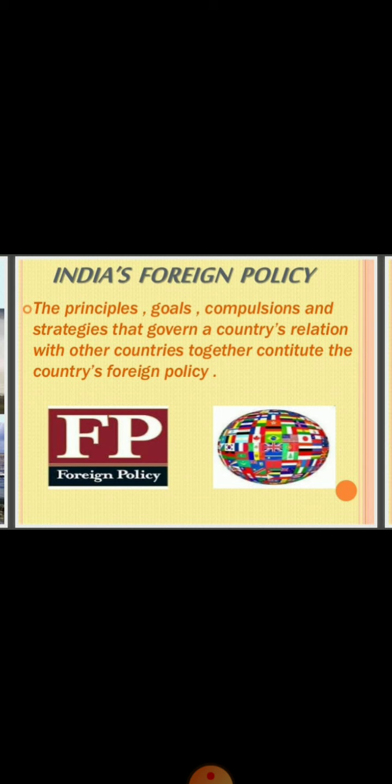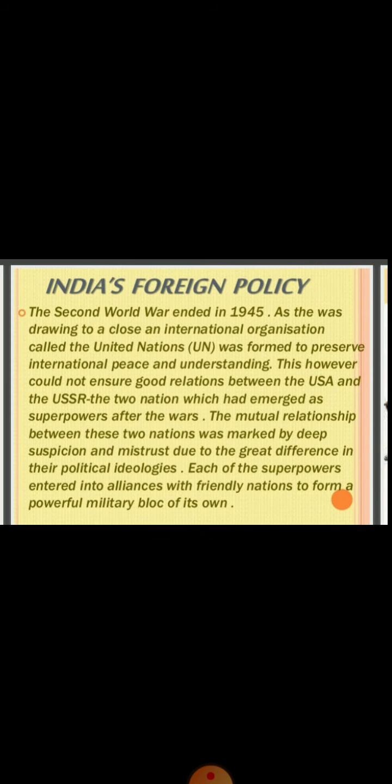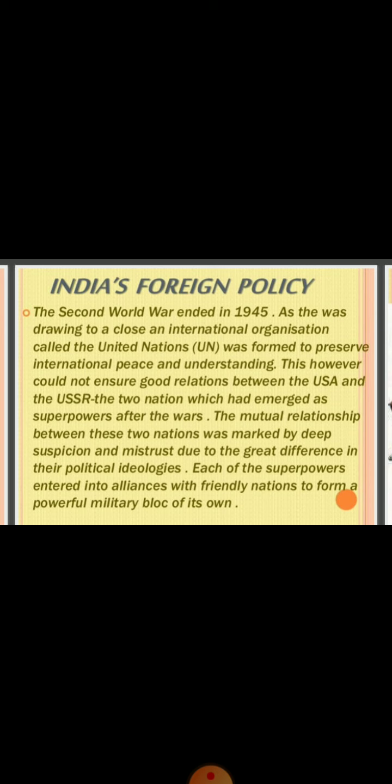Through this, you can see that India is trying to make other countries its friends. So what is there in India's foreign policy?